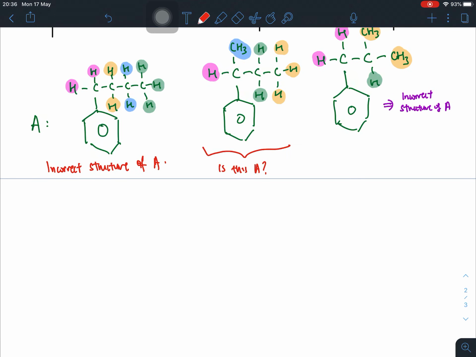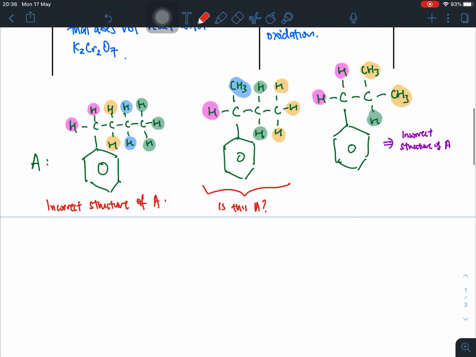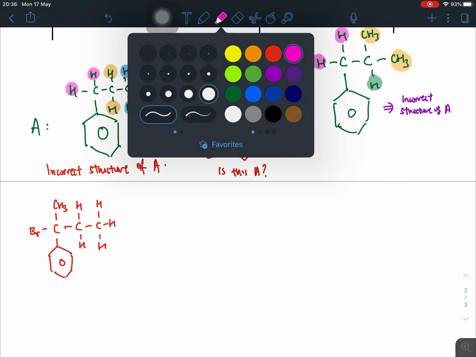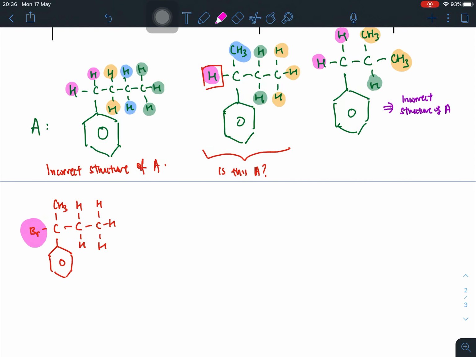So looking at the reaction, if I am going to substitute the one in pink, the hydrogen, with bromine, this is the product that I will get. Okay, so this is the portion that we are looking at. Let's move on.